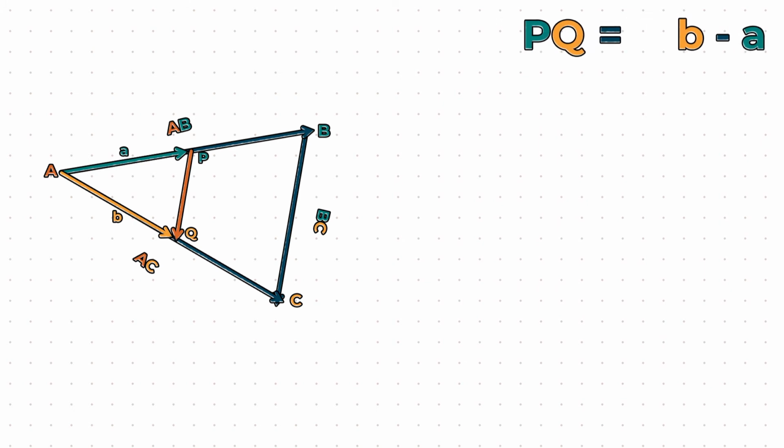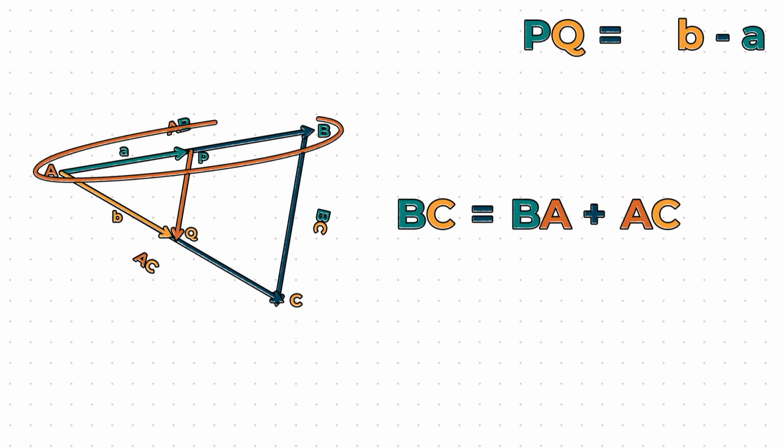Let us use similar information to make sense of the vector BC. Again, using what we learned in our previous video on vectors, BC is equal to BA plus AC. Because the vector is actually running from A to B, BA is actually the negative of AB.